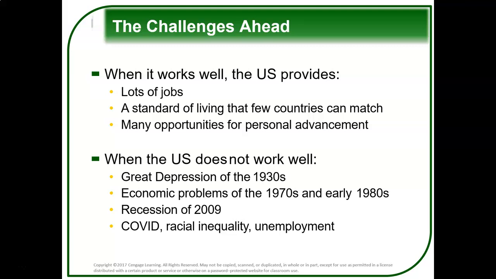There have been other economic dips, one in the 70s and one in the 80s. The recession of 2009 was very serious and required a lot of government help to correct it. And now, as we have said in the past few slides, COVID is giving us a lot of confusing signals.